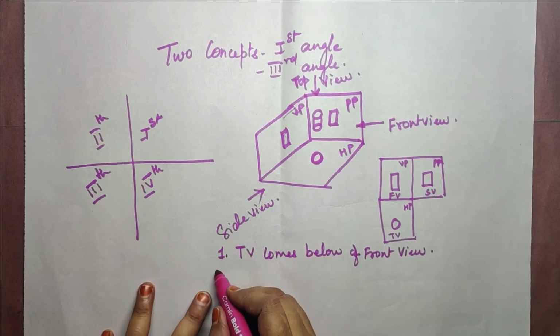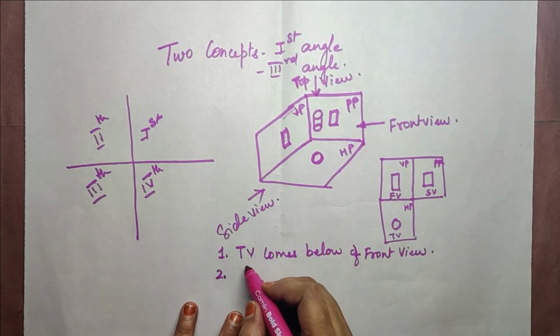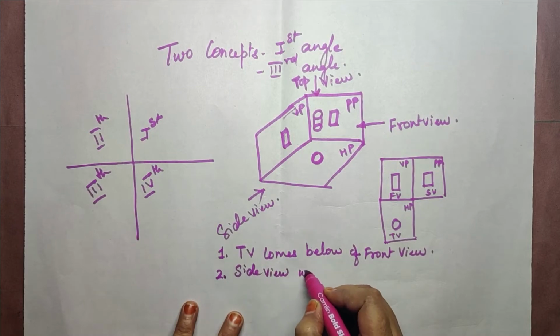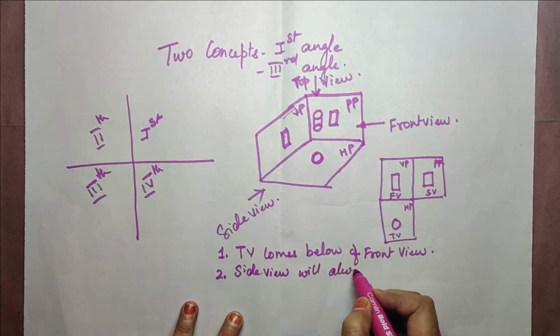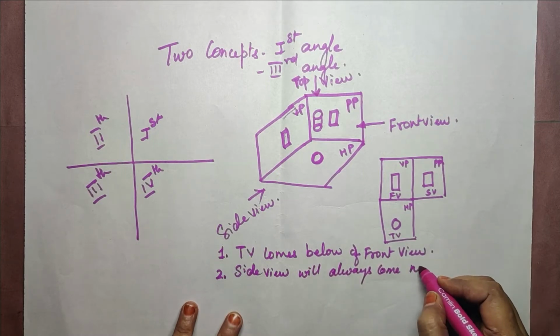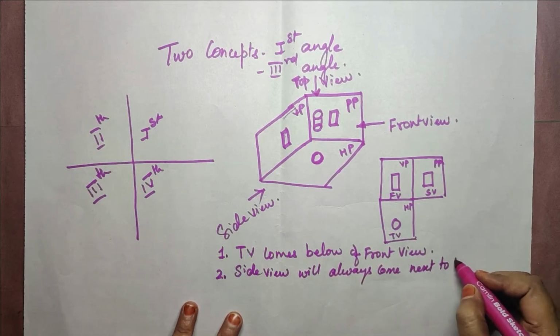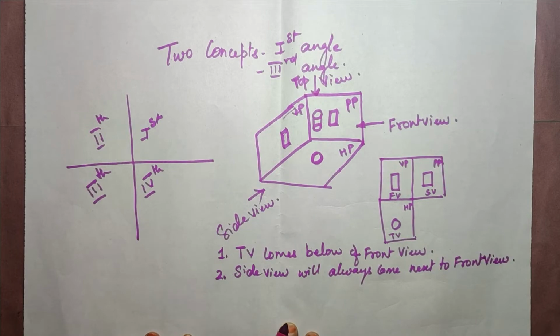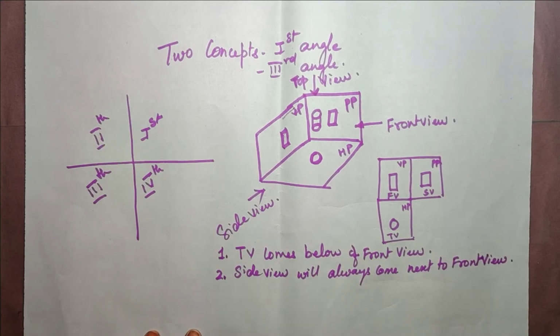Okay, second point, side view will always come next to front view. Whatever the condition, always you will find the side view next to the front view. Okay, it won't come next to the plan, it will always come next to the front view.